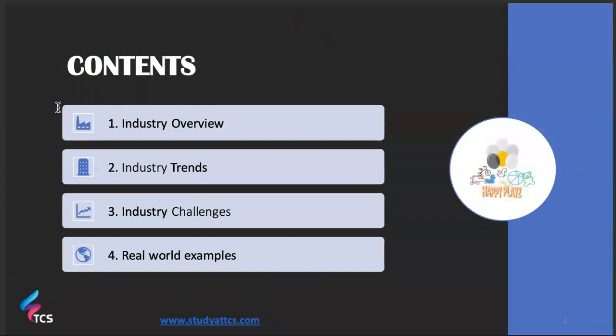Our industry analysis slides are divided into four main areas. In the first area, we'll be providing an overview of the industry based on real life dynamics, so that you'd gain a better understanding of the industry. Then we'll highlight the industry trends, because it's of utmost importance you understand the most popular drivers of the industry, as well as what's going to happen within the industry in the future.